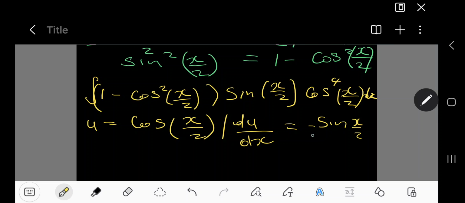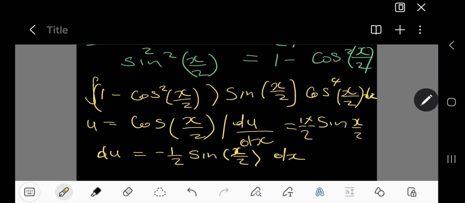Now when we're differentiating, we must multiply with the derivative, which is 1 over 2. Then we make du the subject of the formula. Du is going to be minus 1 over 2 sine x over 2 dx.